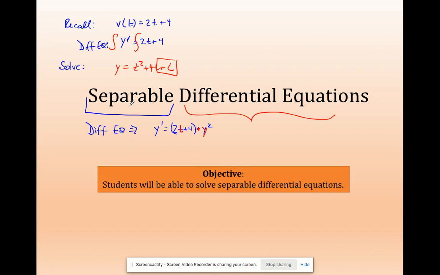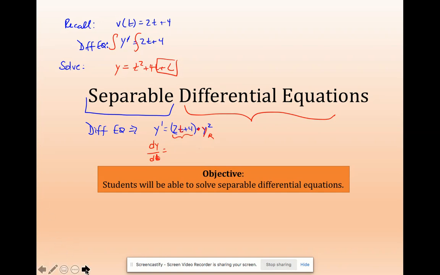That's what makes it separable. It must be true because after all, y prime is actually dy dt with respect to t. So this is normal, this is not. I need to see everything in terms of t. It's kind of like in derivatives when we did implicit differentiation. Remember when we did implicit differentiation, you had to worry about when you had y stuff mixed up with x stuff.